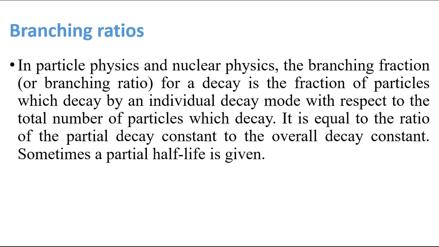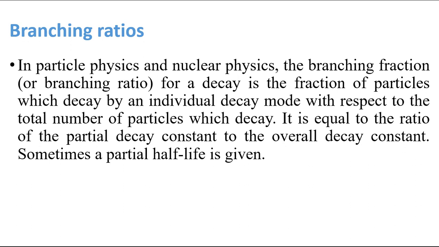So, branching ratios. In particle physics or nuclear physics, the branching ratio, or sometimes called branching fraction, for a decay is the fraction of particles which decay by an individual decay mode with respect to the total number of particles which decay.